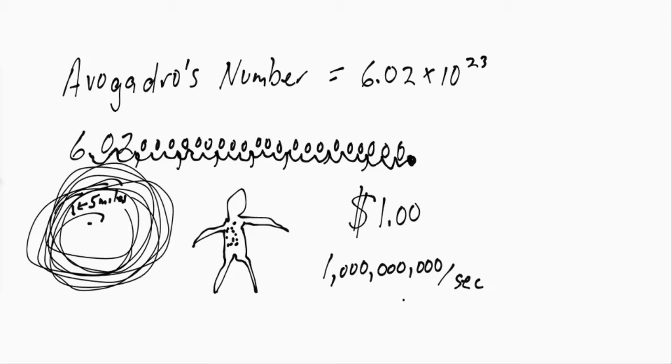How long would it take you to spend all your money if you had a mole of dollar bills and you were spending $1 billion a second? The answer may surprise you. It's 19 million years, spending $1 billion a second. That's crazy. So that should put it in perspective.